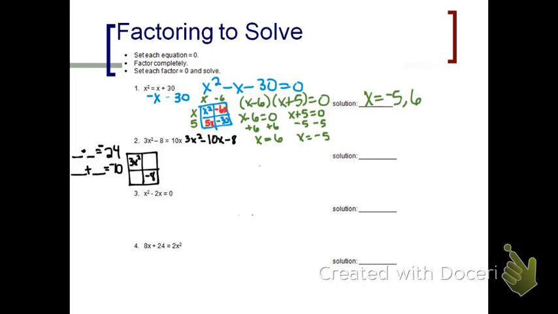Negative 12 and 2. Okay, because 6 and 4 make 10, but is there any way to make negative 10 and negative 24 with 6 and 4? Because 2 negatives would make positive 24. Okay, so now I can do my GCF. Oops, I forgot the x's. I keep forgetting the x's.